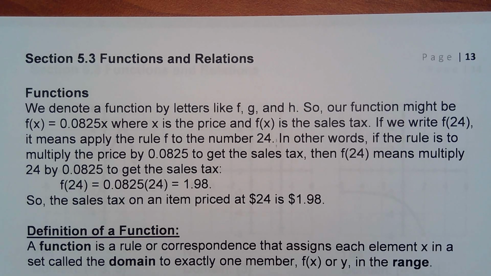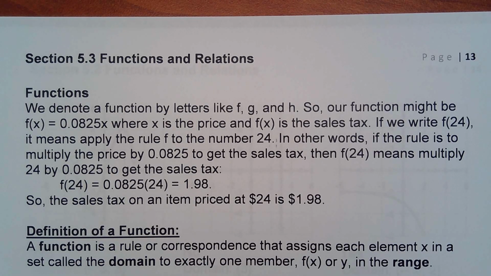So functions, we can denote a function by letters like f, g, and h. So our function might be f of x equals 0.0825x, where x is the price and f of x is the sales tax. If we write f of 24, it means apply the rule of f to the number 24.